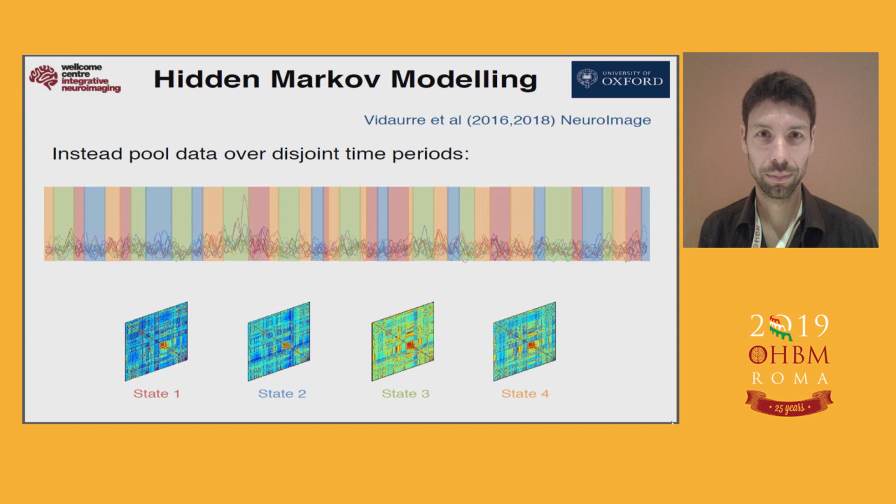That obviously doesn't mean that we believe the brain has that discrete number of states. So this is just a description of the data that can be useful for some purposes, or maybe not for others. But it's at the end of the day a description of the data and a data analysis tool, as ICA or PCA would be.